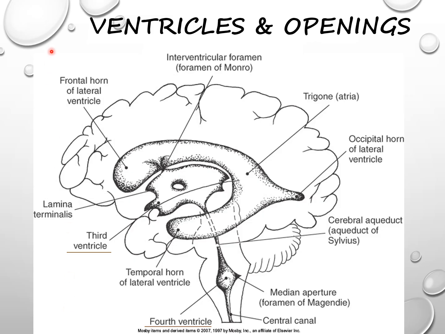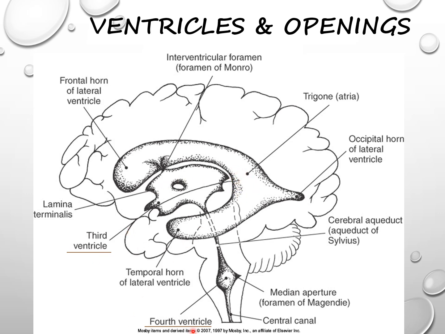So here is a side view or lateral view of the ventricles and openings. Here we have our lateral ventricle. These are all parts of the lateral ventricle. We have the occipital horn, which is near the occipital bone, and the frontal horn, which is near the frontal bone. We have our third ventricle, right here in the center of the brain.